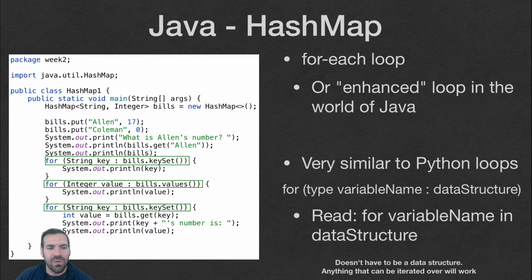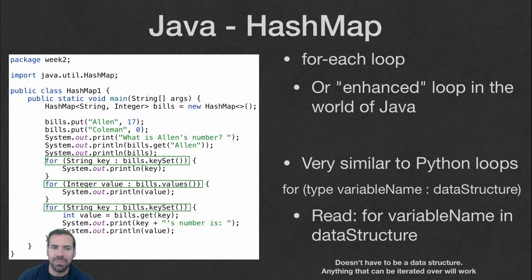We're just saying for string key in this data structure, iterate over all the values of that data structure and put each value in this variable key one at a time. And we can use the same syntax with our ArrayLists as well.